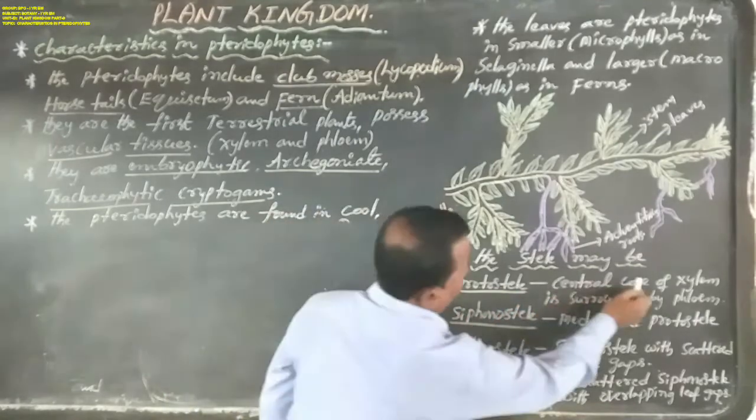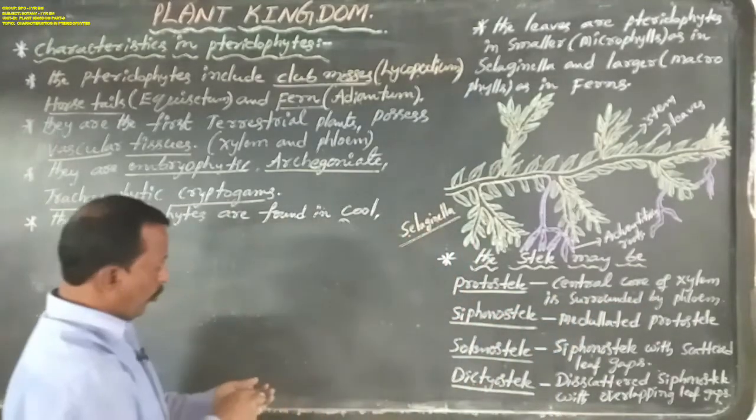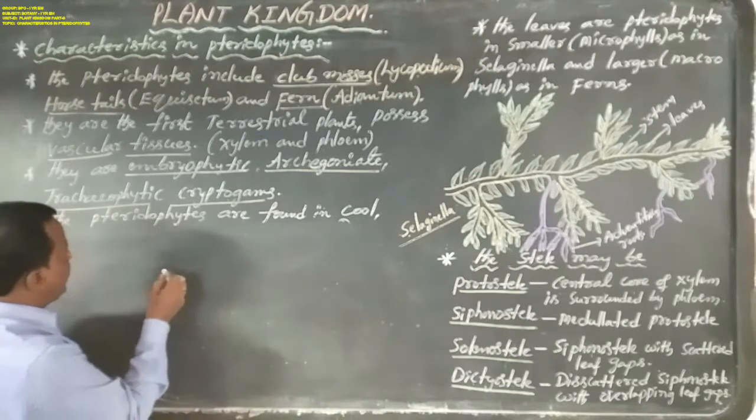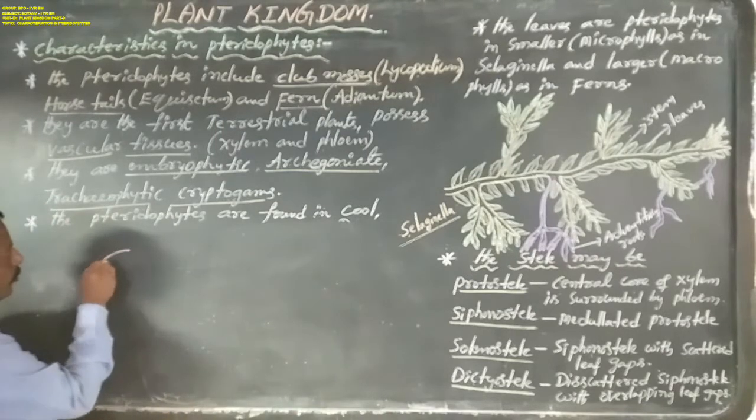Protostele means the central core of xylem is surrounded by phloem. That is protostele.